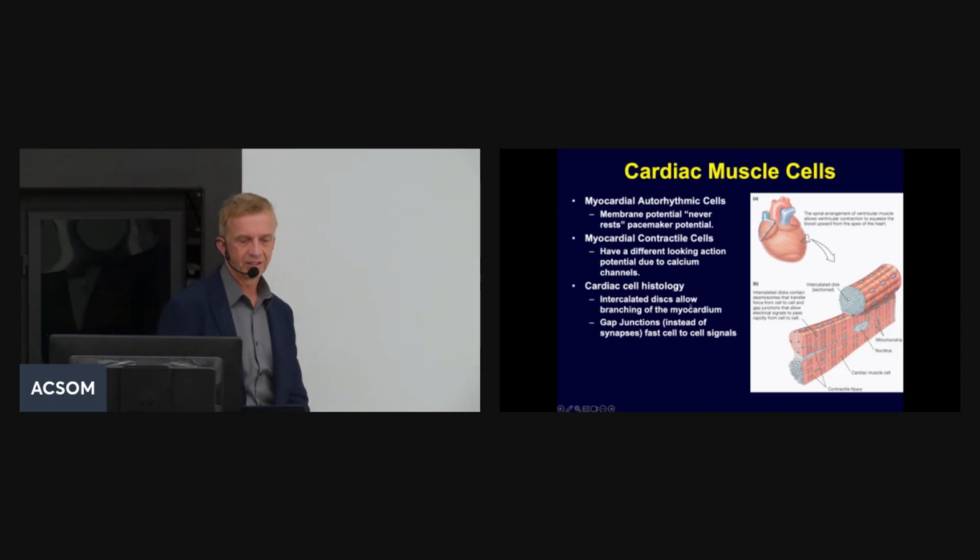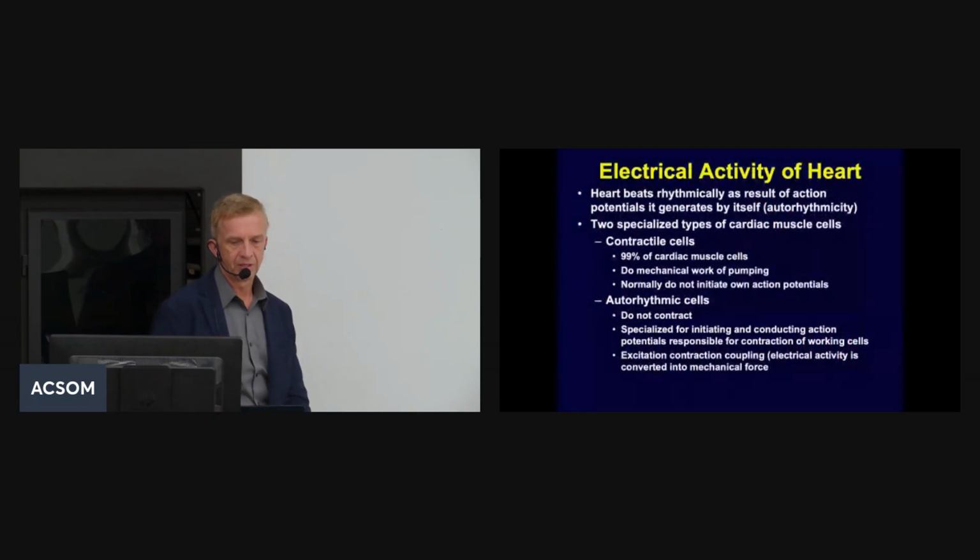So intercalated discs allow the branching of the myocardium. It's like connection of the myocardial cells, and then the impulse transfers through the gap junction. That's why there is a faster conduction of the impulse, to basically cause this synchronization of the contraction of the cardiac muscles, and that's different compared to the skeletal muscle cells.